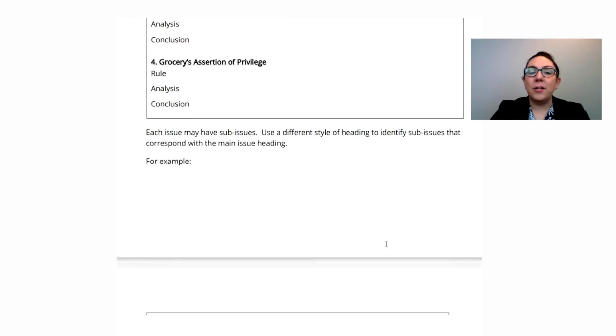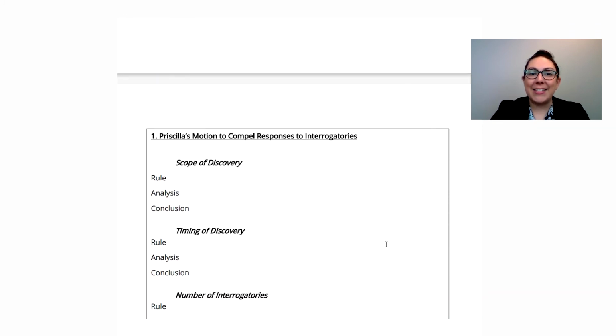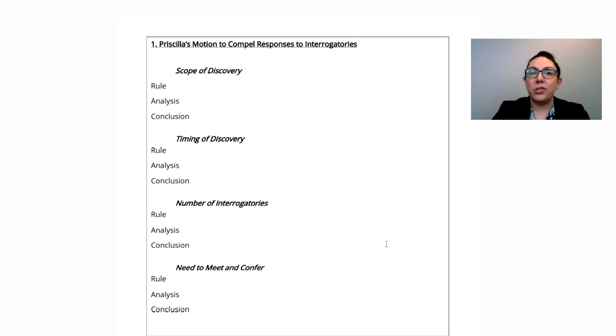So, taking that first question of this particular essay, which was about Priscilla's motion to compel responses to interrogatories, you can see here that there's a number of sub-issues that need to be discussed with regard to this motion to compel. We have to talk about what is the proper scope of discovery, and if this is about discoverable material. We have to talk about the timing of discovery and whether she made her motion to compel timely.